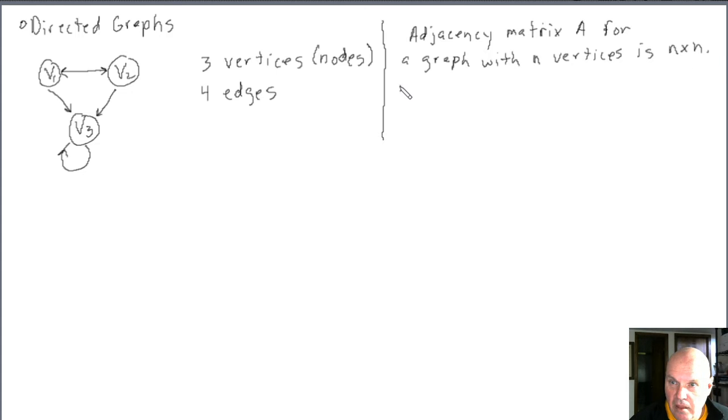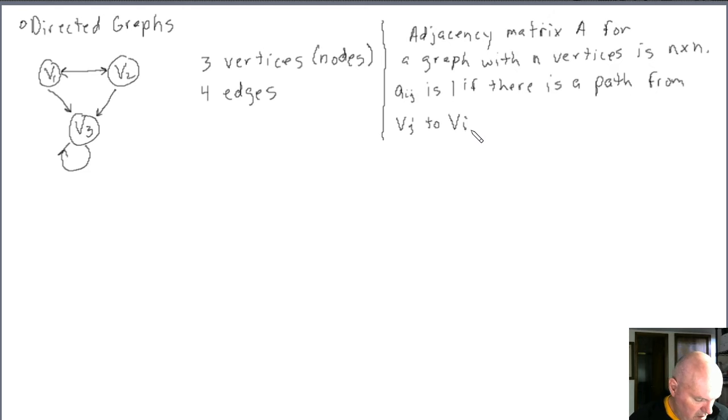And then the aij element is 1 if there is a path from Vj to Vi.